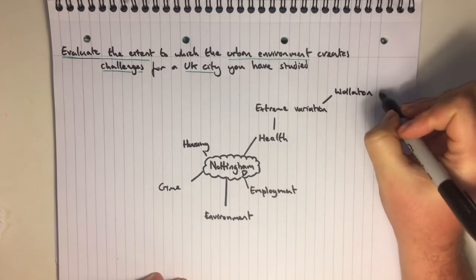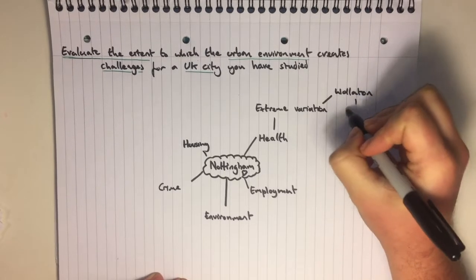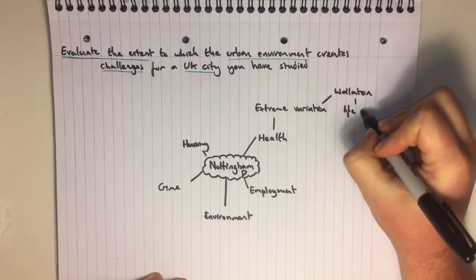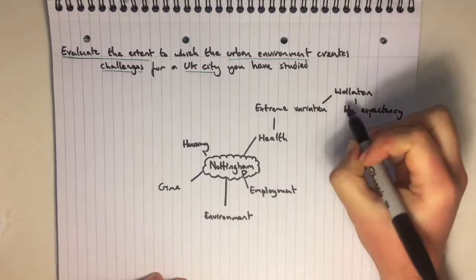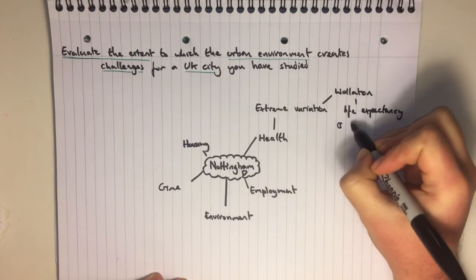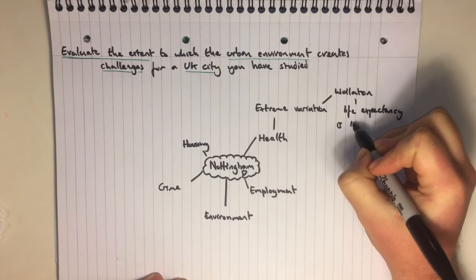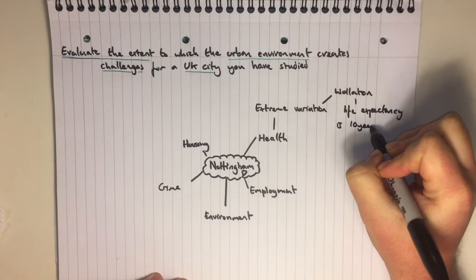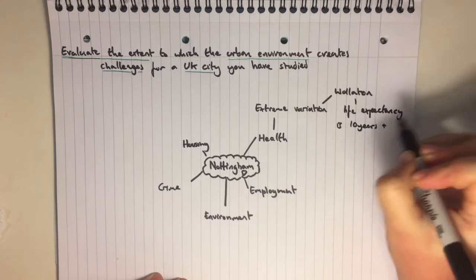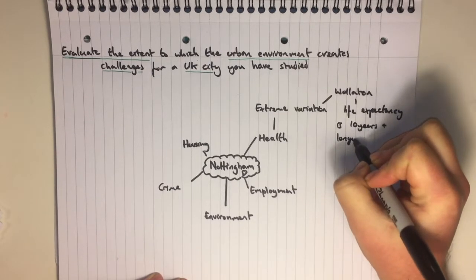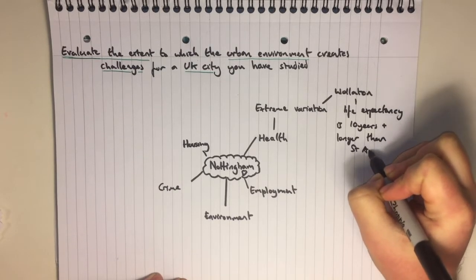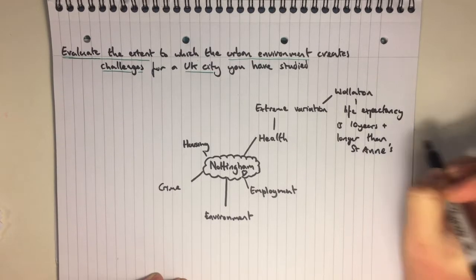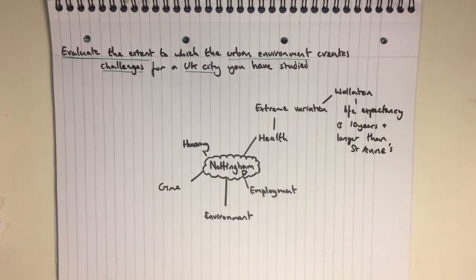So in Woollerton, life expectancy is more than 10 years, so we'll put 10 years plus, longer than St Anne's, which is our poorer area of Nottingham, our more deprived area some would say.